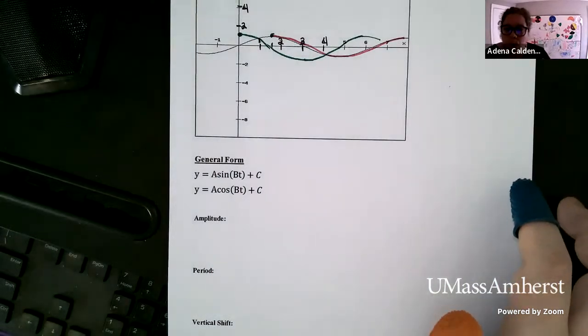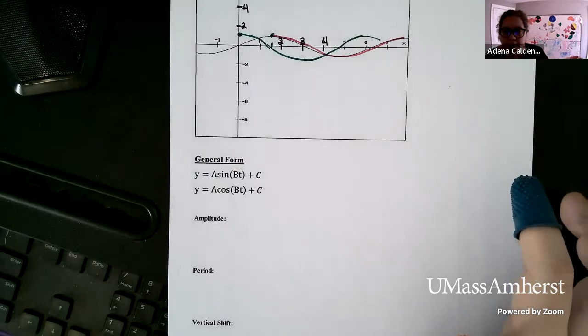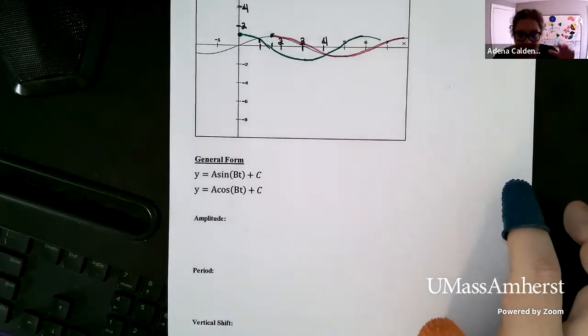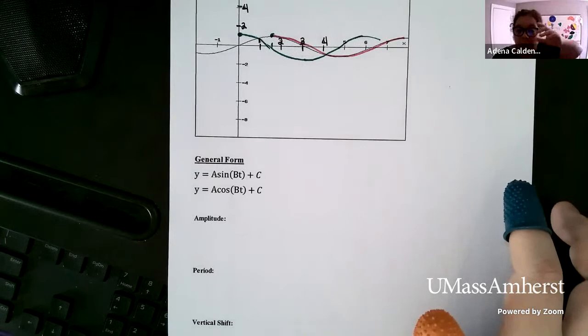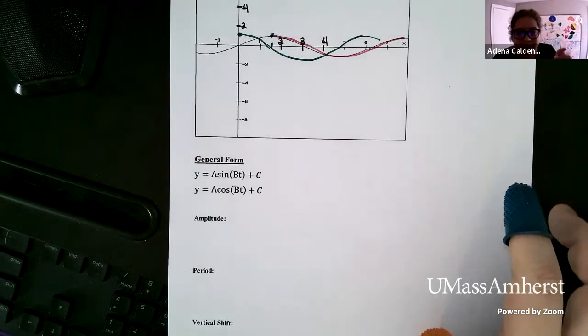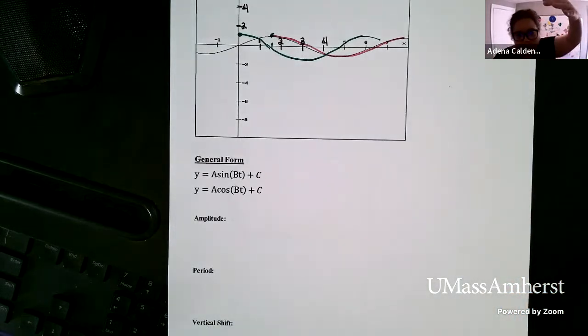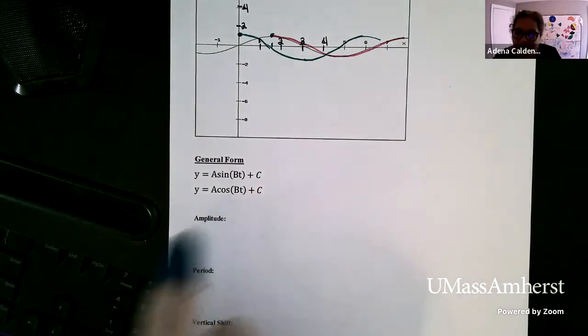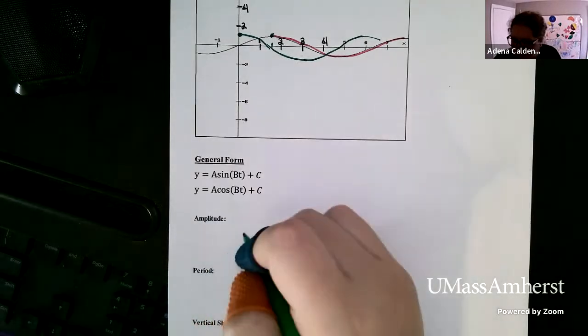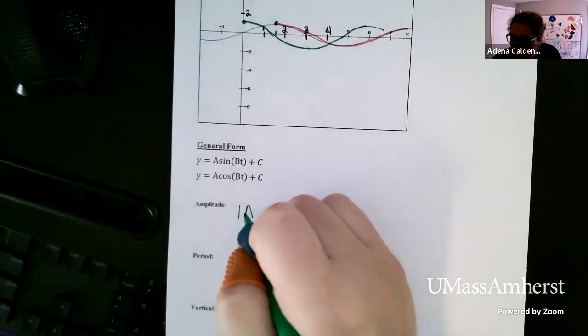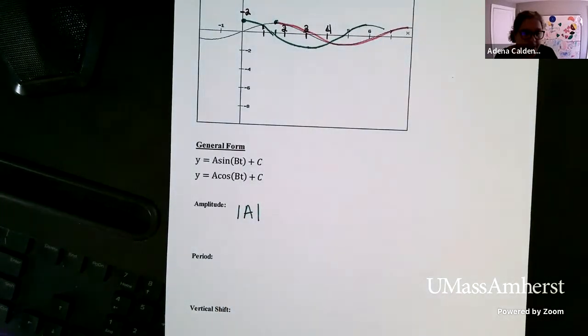Because that 1 would get multiplied by that number, and the -1 would get multiplied by that number, and that's how much it would vary. So just like with that 6 sine x, the amplitude became 6 because now we were living between 6 and -6, so we varied by 6. So if we have a function in the general form, the amplitude is the absolute value of a, okay?